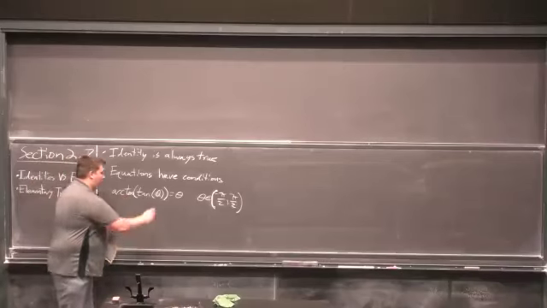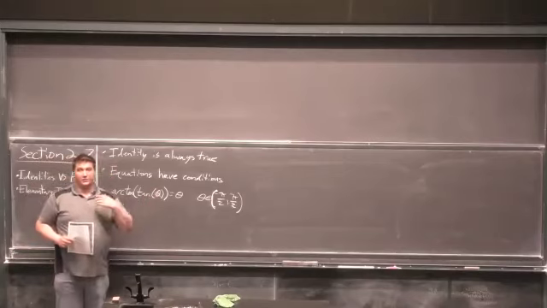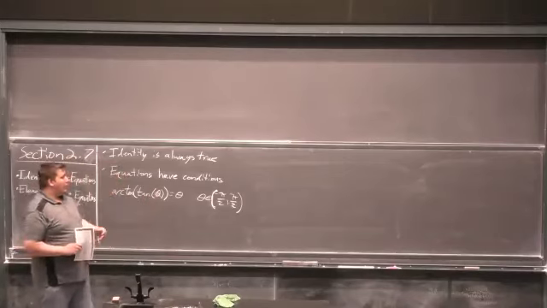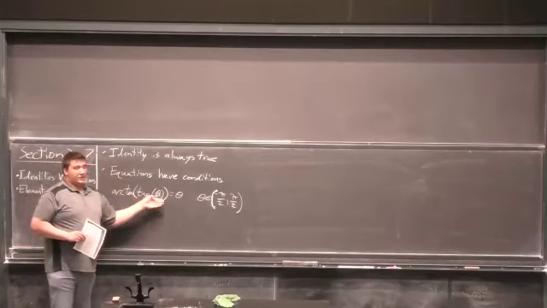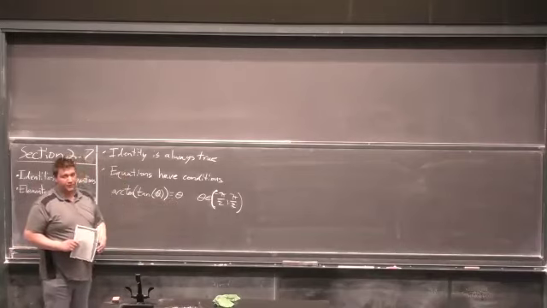If theta was 2 pi, we would encounter an issue because we wouldn't get 2 pi back. We would get 0 back.